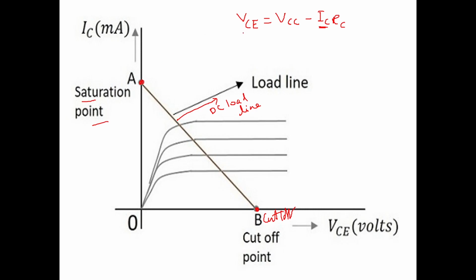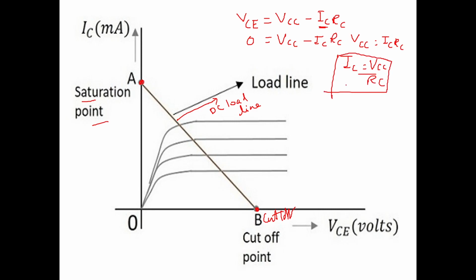So 0 is equal to VCC minus ICRC, or we can write VCC is equal to ICRC, or IC is equal to VCC upon RC. This is the first equation for IC. So this point A is nothing but VCC upon RC.